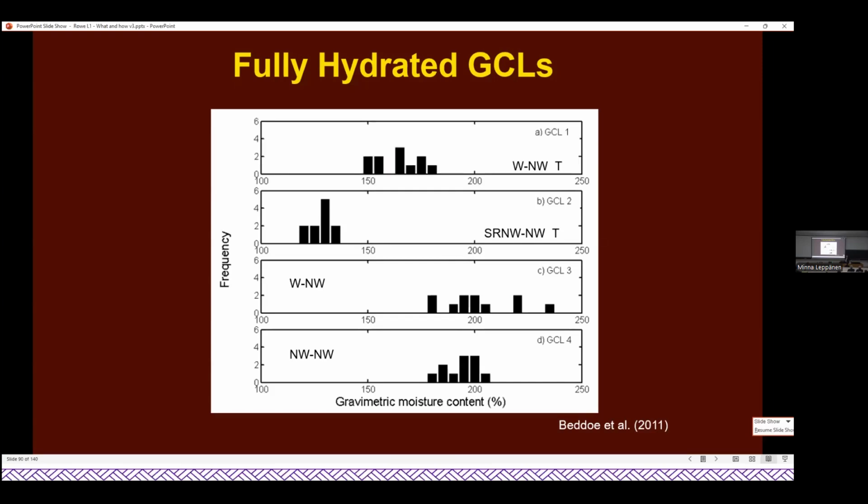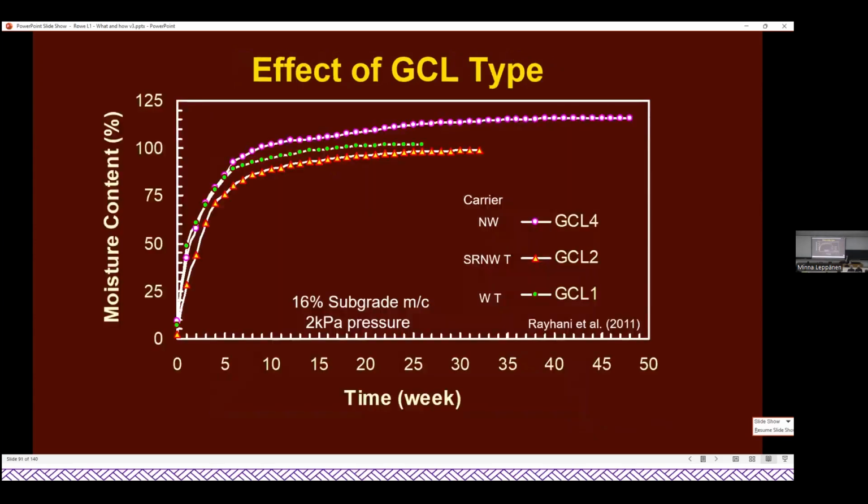And this is a woven, thermally treated, very similar to number 3, except for the thermal treatment. And you can see that makes a difference. Now, this is how much water it needs to be hydrated. And a common assumption is that my GCL will be hydrated in the field. Well, it may or it may not be.